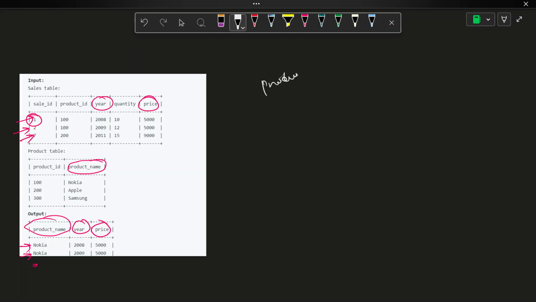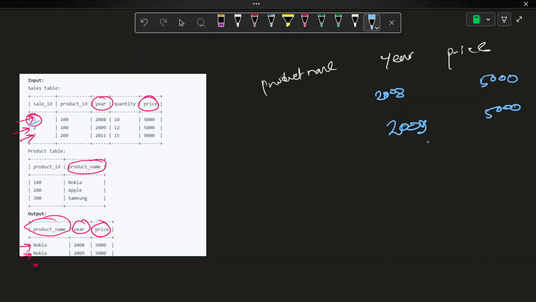So this will be product name, year, and price. For sale ID 1, the year is 2008, price is 5000. For sale ID 2, the year is 2009, price is 5000. For sale ID 7, the year is 2011 and price is 9000, right?